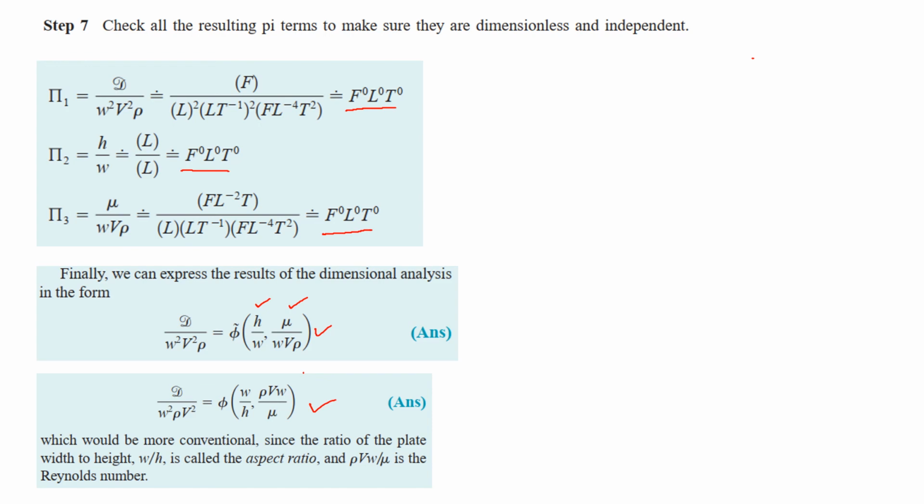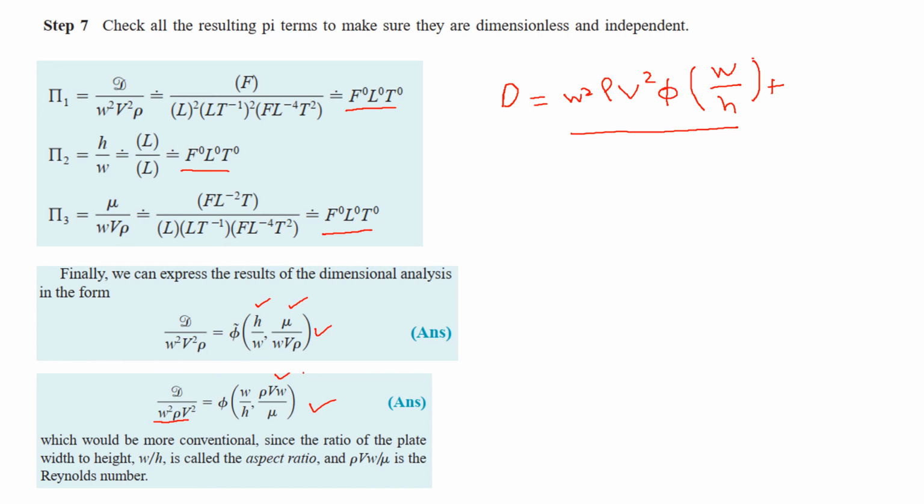We can write the drag force D as equal to, we will take this denominator and multiply it on the right-hand side, W squared, the density, velocity squared, and then the constant, multiplied by the aspect ratio. This is the first term on which the drag force depends, and then plus the next term, which is this.